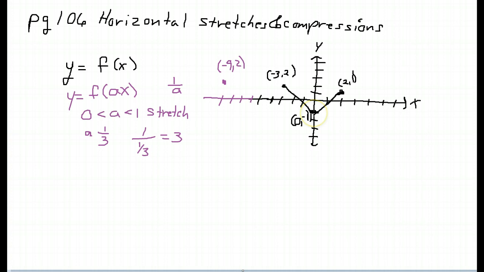And down here, when we take 0, 1, we take 3 times 0, and we get 0. So this point stays. And then 2 times 3 is 6. 2, 3, 4, 5, 6. We have the coordinates 6, comma 1.